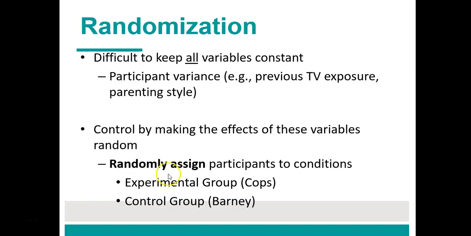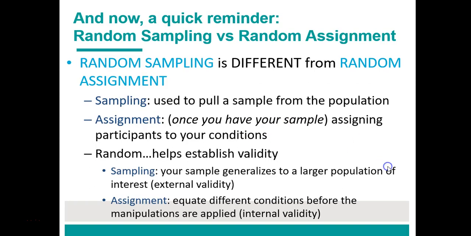It's just like when we said, if you flip a coin 10 times, you should get about 5 heads and about 5 tails, but it's possible to get 10 heads in a row or 10 tails in a row. So same thing, the goal of random assignment is to help with keeping and controlling the effects of the participant variables, but it's not a guarantee. It's just the best way we have.